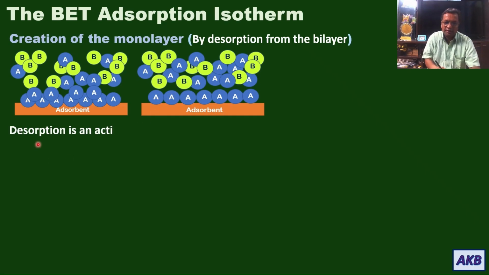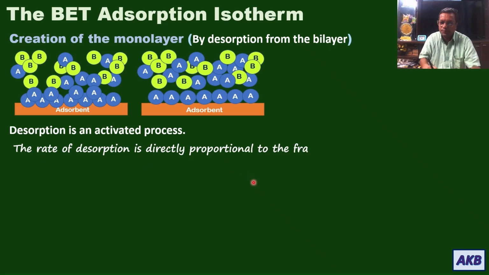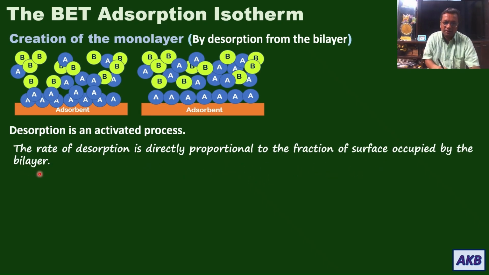That's why desorption is an activated process, and the rate of desorption is directly proportional to the fraction of the surface that is occupied by the bilayer. So mathematically, this will be RD2 proportional to A2.